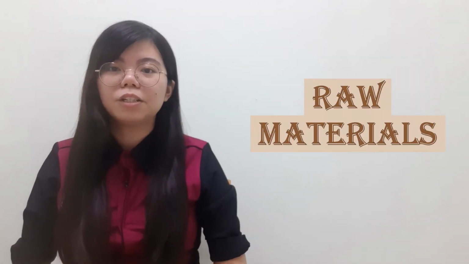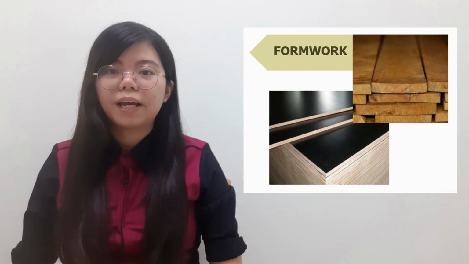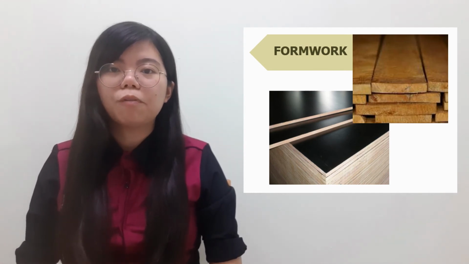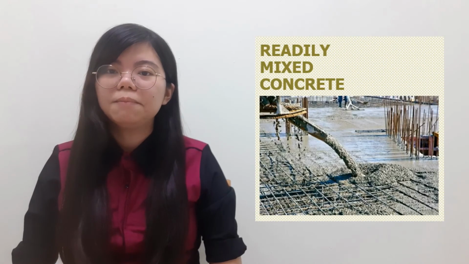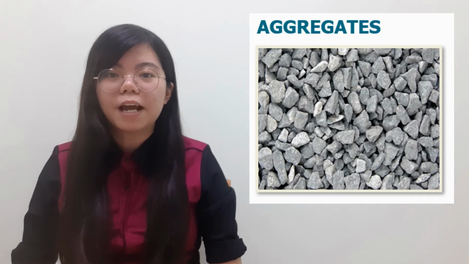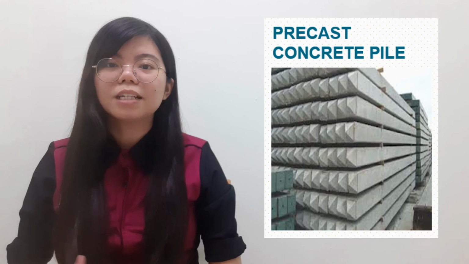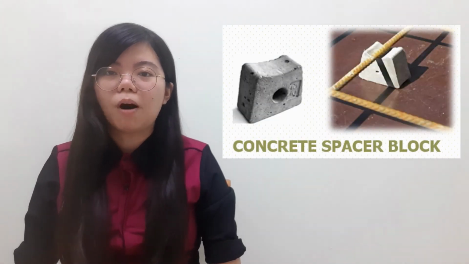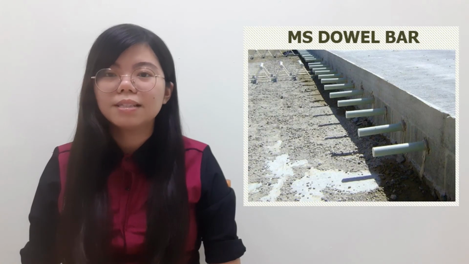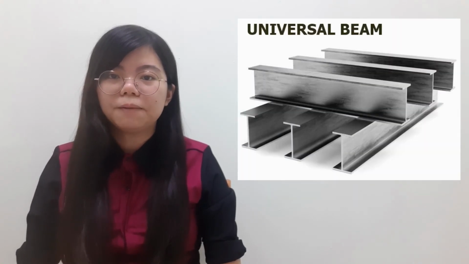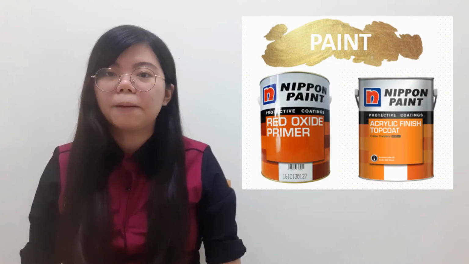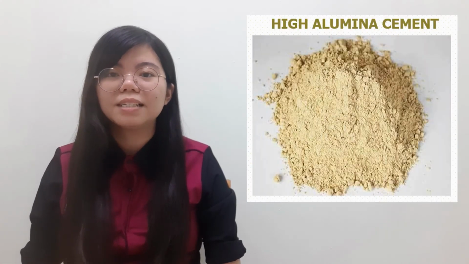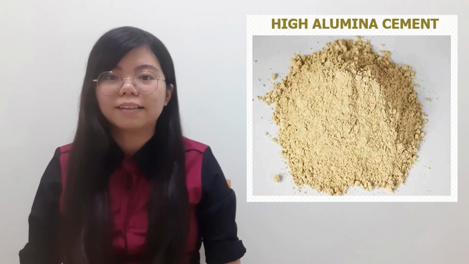Some raw materials used are Grade B timber plank and water boil-proof plywood formwork, high tensile reinforcement bars, fabric reinforcements, ready mix concrete, gravel stones as aggregates, fine sand, precast concrete piles, concrete spacer blocks, PVC water stops, mild steel dowel bars, steel beams, galvanized iron handrail, alkyd-based and acrylic-based paint, and lastly, high alumina cement in all the internal surfaces of the tanks to resist chemical attack.